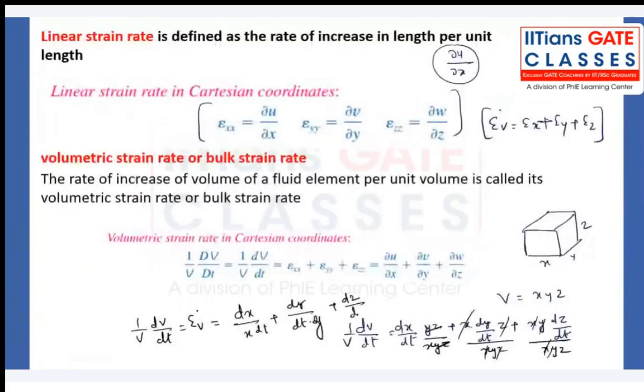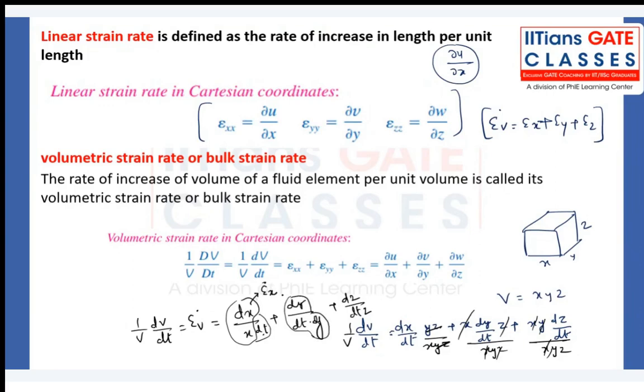Now tell me what we can further write. Tell me guys. Dx by x, change in length by original length in the x direction, that is a strain in x direction per unit time. That will become epsilon x dot. Dy by y, that is my epsilon in the y direction per unit time.